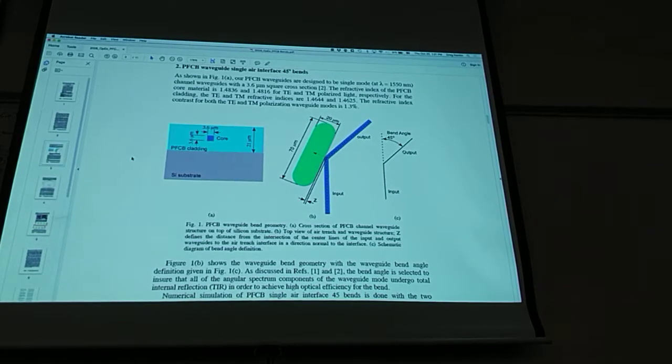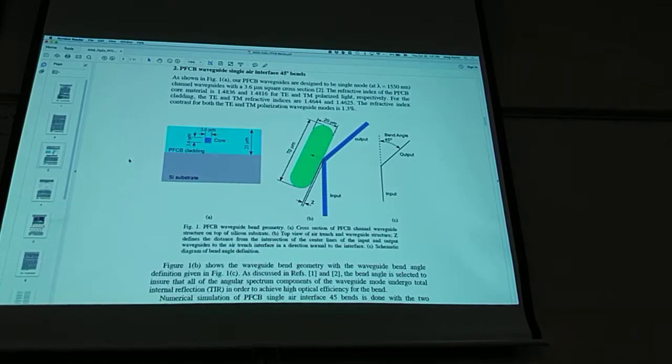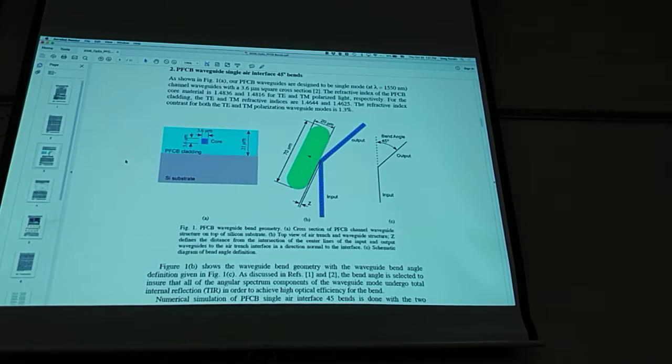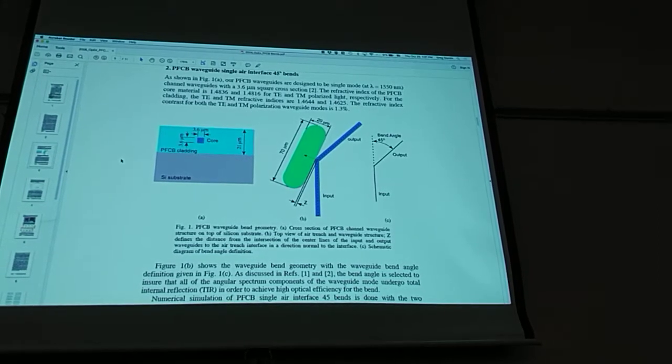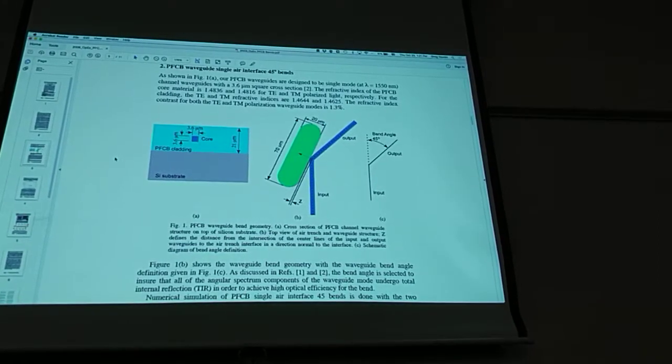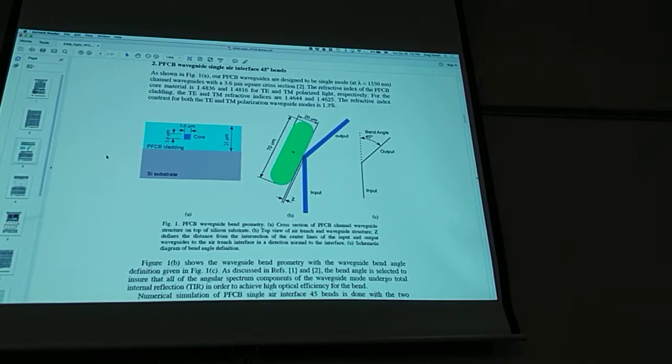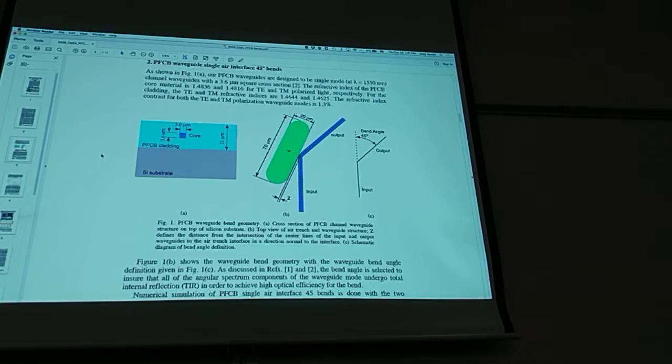It could be on the order of 10 to the minus 3 or 10 to the minus 2, which means your minimum bend radius could be centimeters. So if you're trying to create a tiny chip with a sophisticated photonic circuit on it, and one bend takes a centimeter bend radius, well, forget it, it's never going to work.